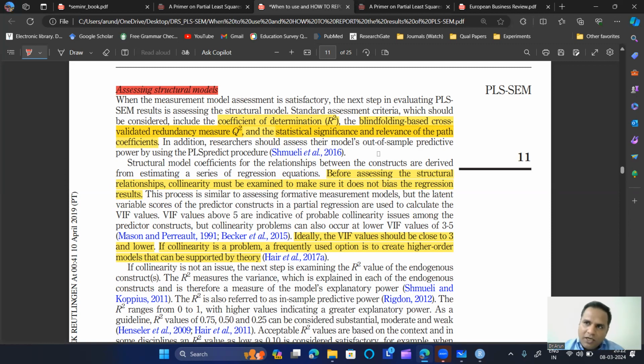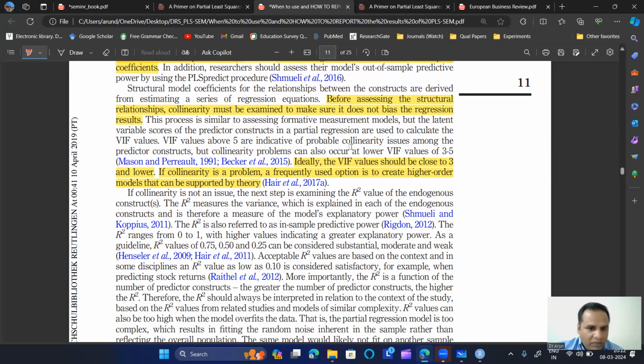This technique of dividing your sample into a training sample and a holdout sample has been borrowed from computer science into the PLS-SEM algorithm. So PLS predict is a more robust technique of assessing the predictive validity of the model.